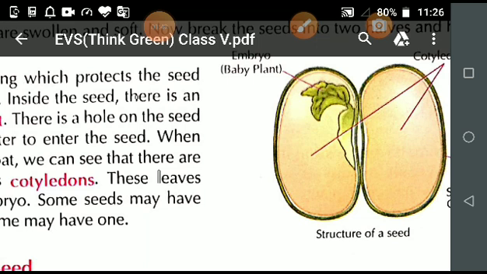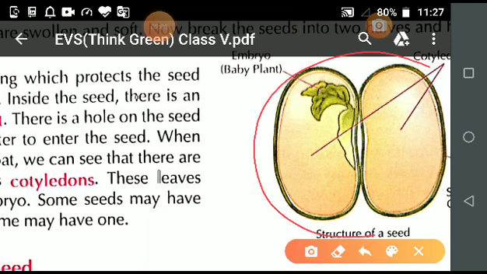Now student, we have discussed seed coat, and now what are cotyledons? This is the structure of a seed. Now what is cotyledon? It is the part of the seed that has stored food for the growth of the embryo. Where is the embryo?